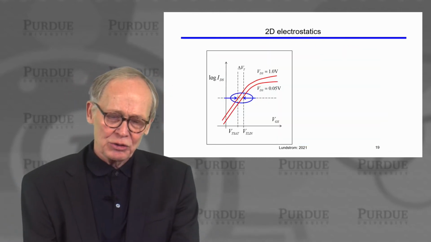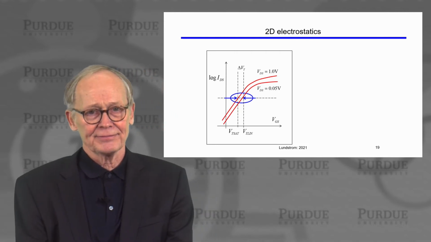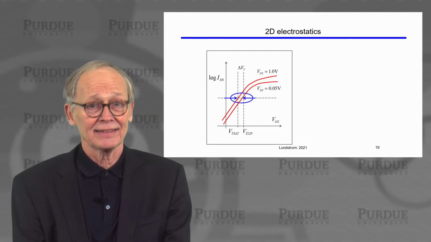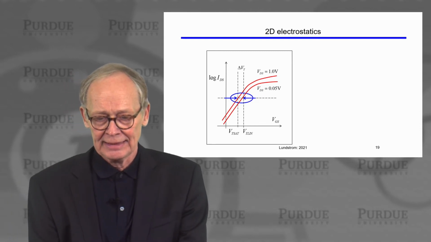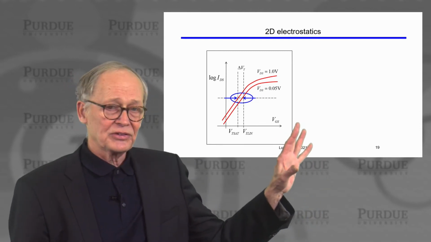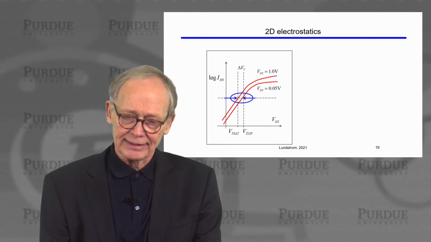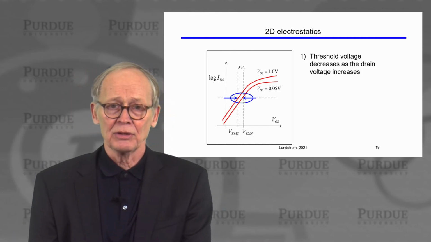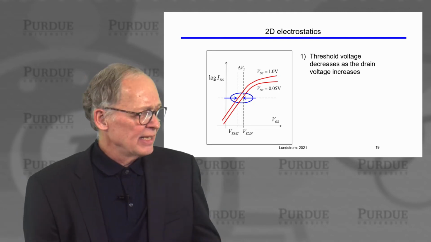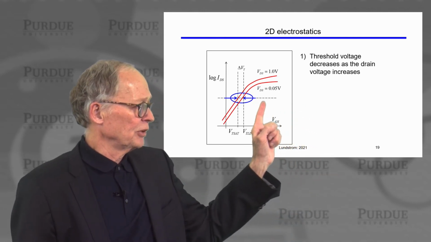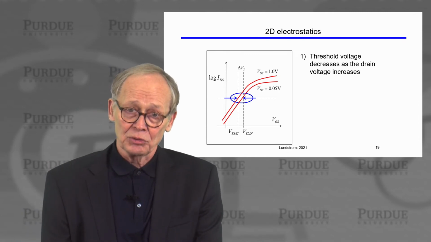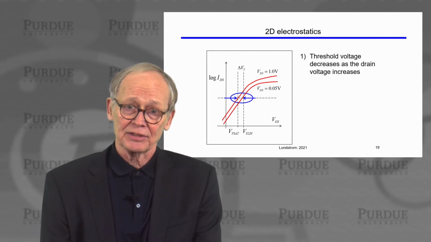Okay, so 2D electrostatics complicate the analysis of semiconductor devices and the design of MOSFETs. So what they do is they introduce some non-idealities, things like DIBL. What DIBL does is, if there is some arbitrary current, we say, okay, now that the device is on, it takes a certain gate voltage to reach that current.